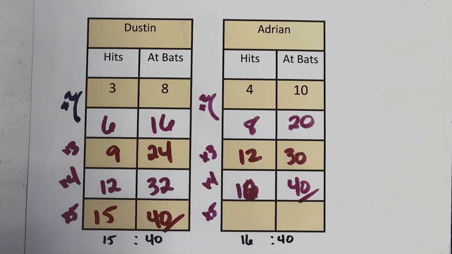So who has the better at-bat ratio? You're right. Adrian has more hits in 40 at-bats, and Dustin has the least amount. If we had stopped at 12 hits, would we have come up with the same conclusion?